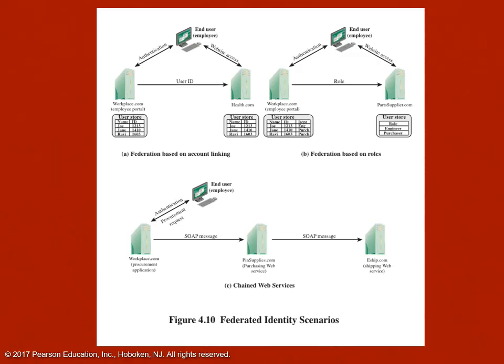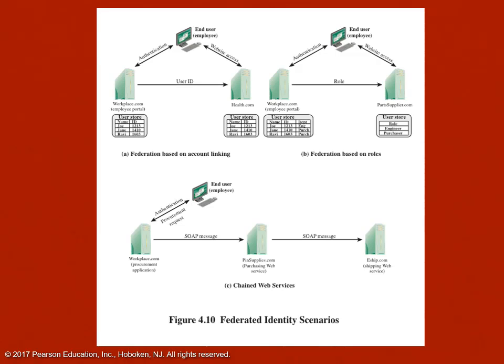In this example, the linkage between the 2 companies is based on account information and user participation is web browser based. In B, it shows a second type of browser based scheme. Parts supplier is a regular supplier of parts to workplace.com. In this case, a role-based access control, RBAC, scheme is used for access to information.